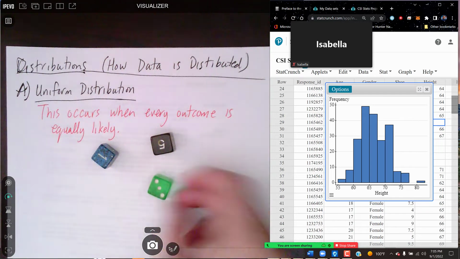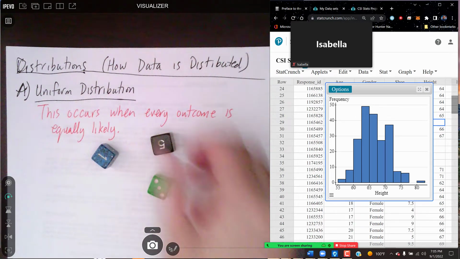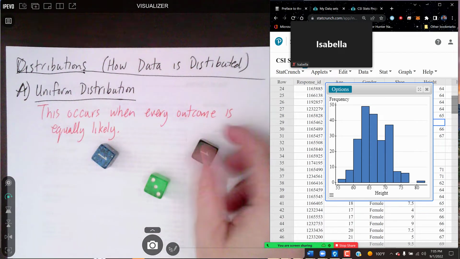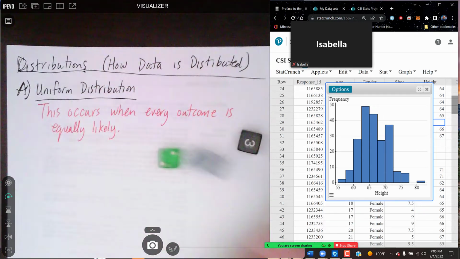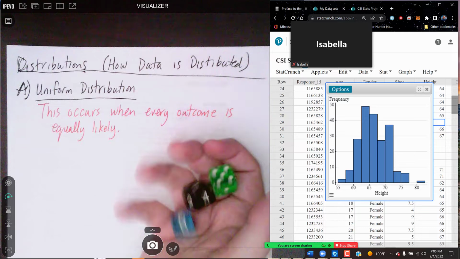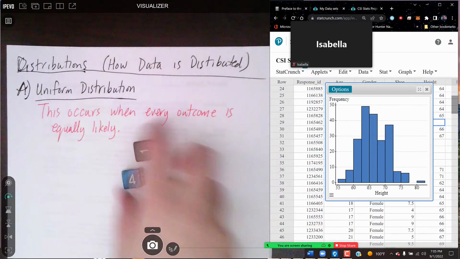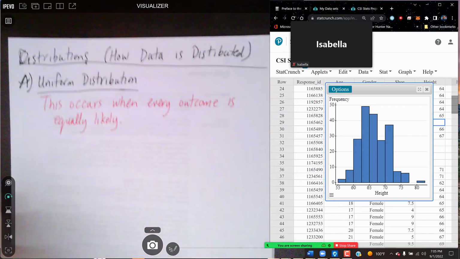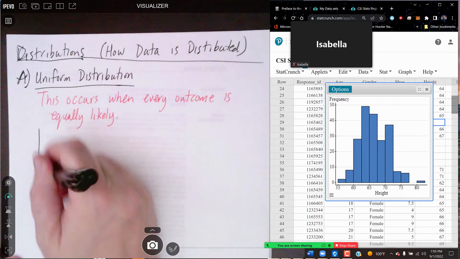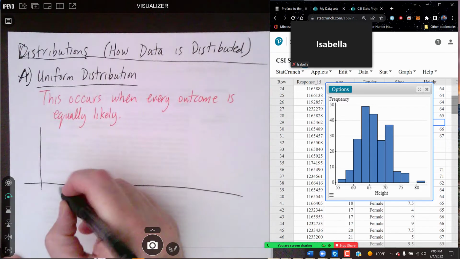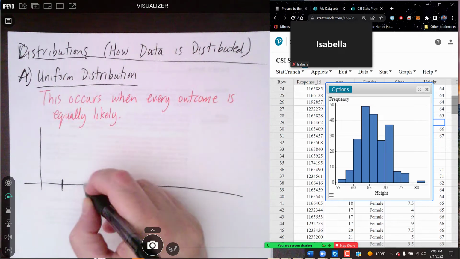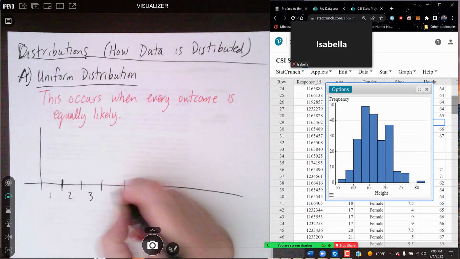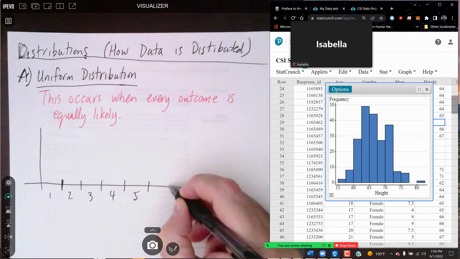I've got some 6-sided dice here. Each side is as equally likely to happen as any other when I roll them. So when you have enough rolls, a dice distribution will usually look something like this. 1, 2, 3, 4, 5, 6.